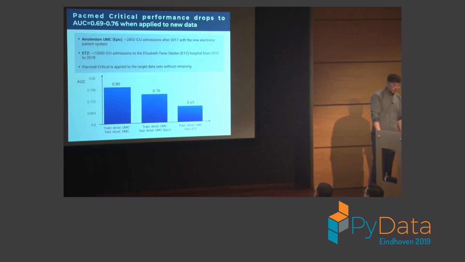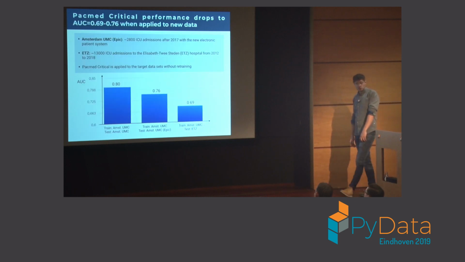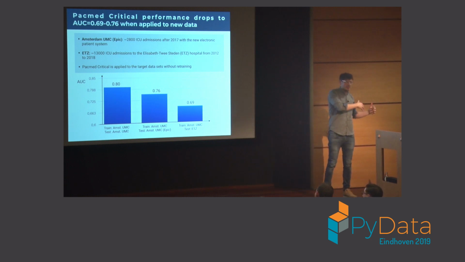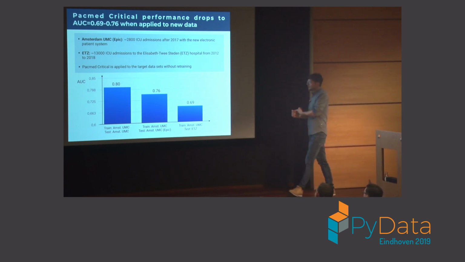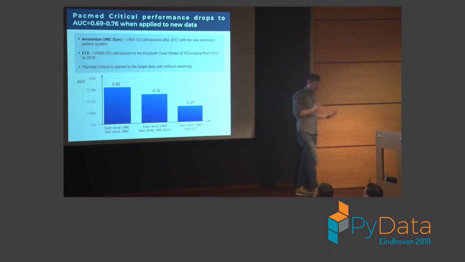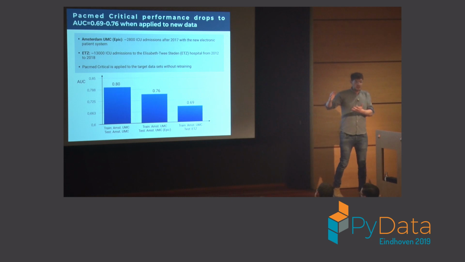That's when we encountered this problem of external validation. We actually did this exercise twice with 2 different new datasets. I'm going to call them the target dataset, while the PacMed Critical one used for the development is going to be called the source dataset. So the first validation is actually done on the same hospital, but it accounts for the admissions after 2017.